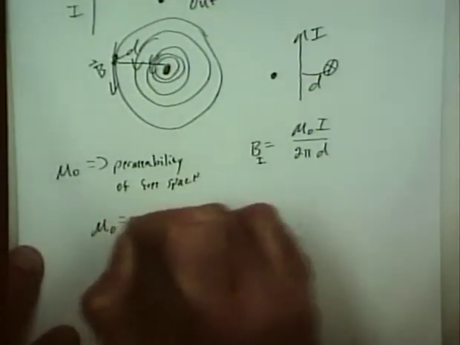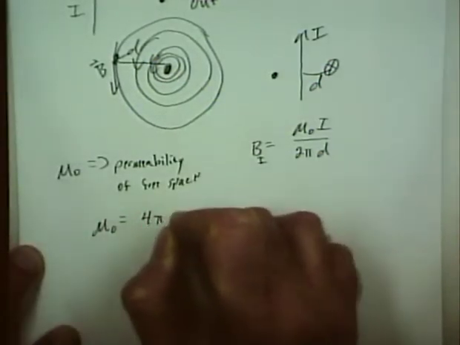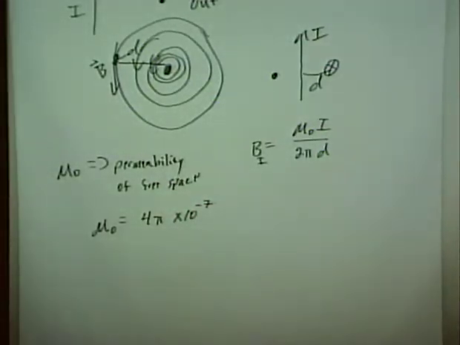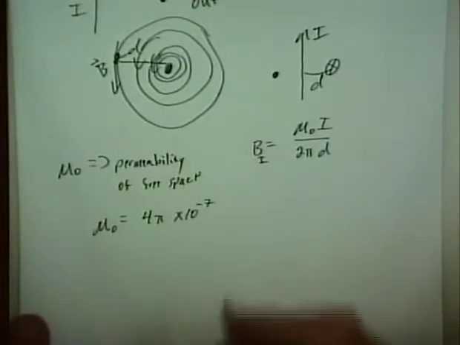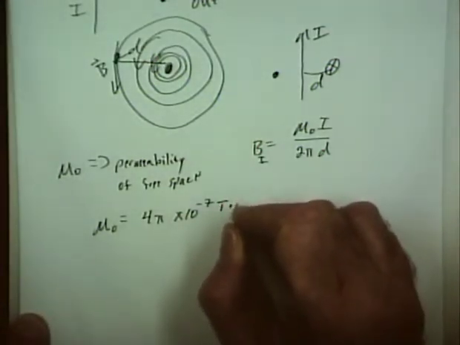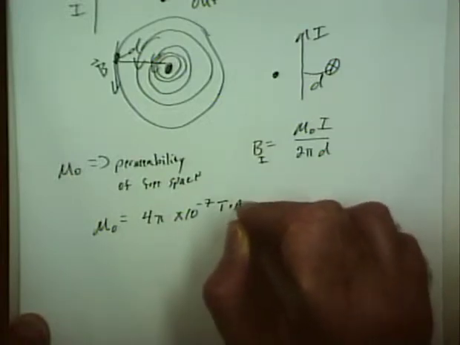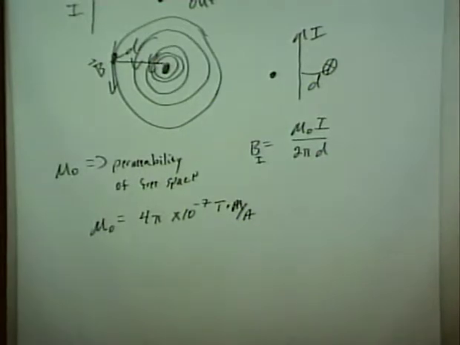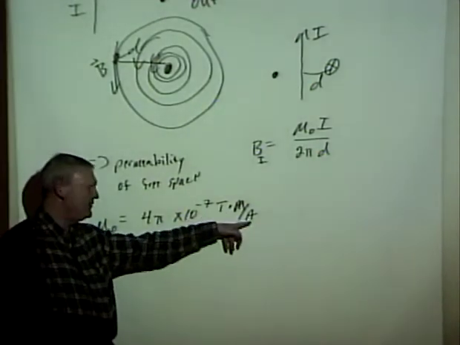Mu naught is equal to 4 pi times 10 to the negative 7 Tesla meters per amp. That's what he is.